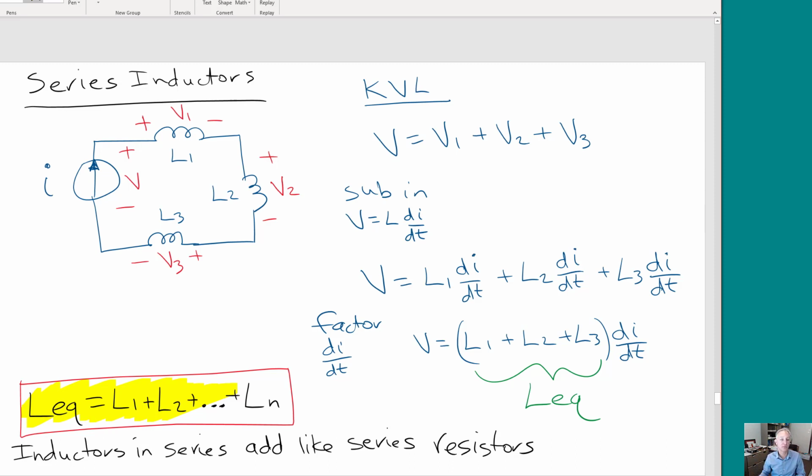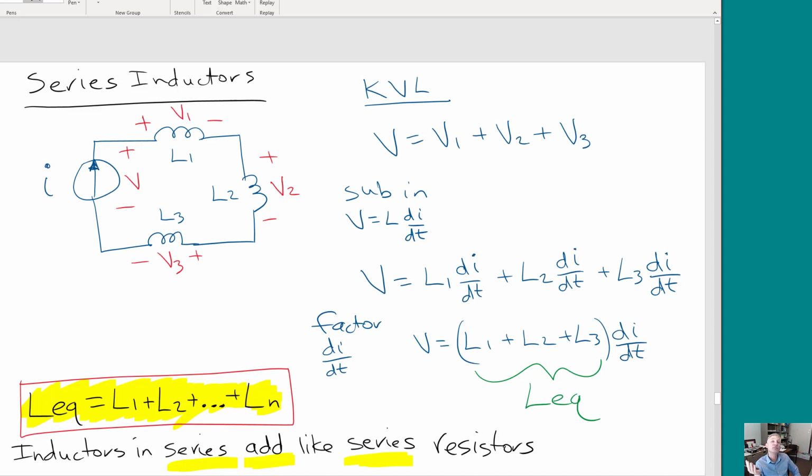You're going to add them all up. And so what we can say is that inductors in series add like series resistors. So that's different than how we saw the capacitance. So inductors behave like resistors.